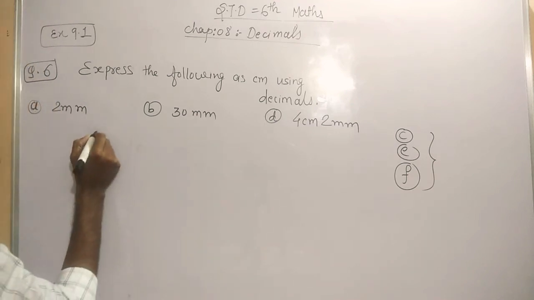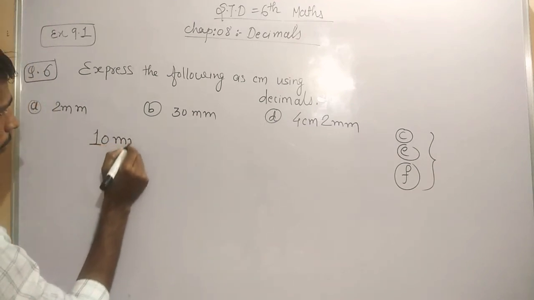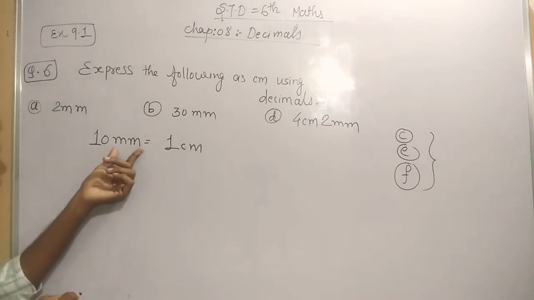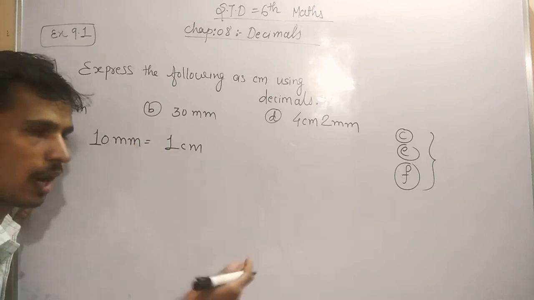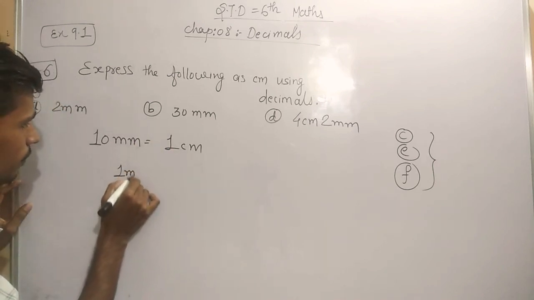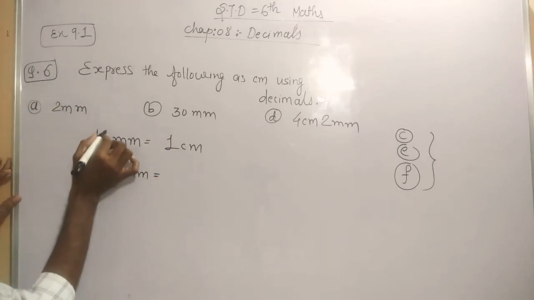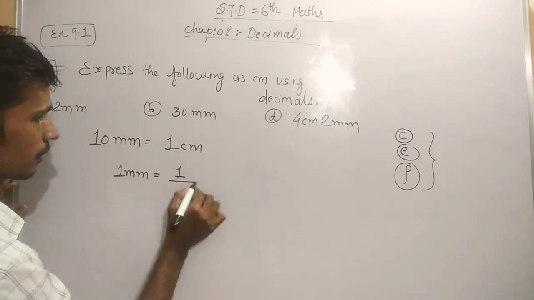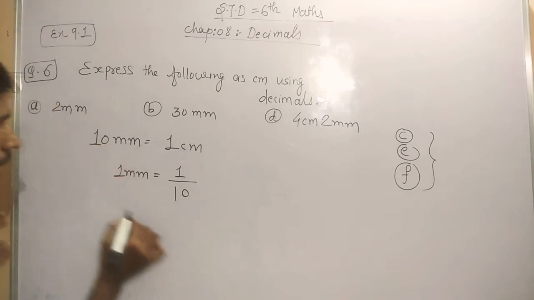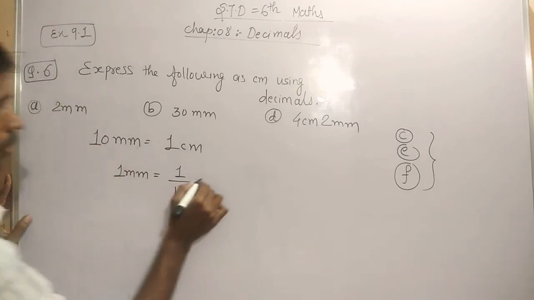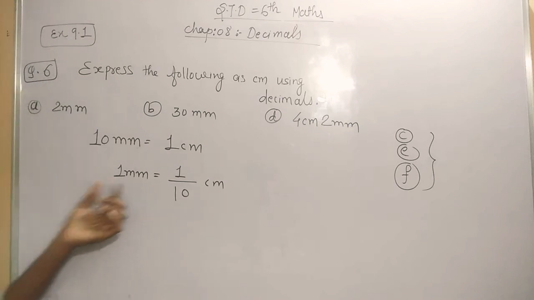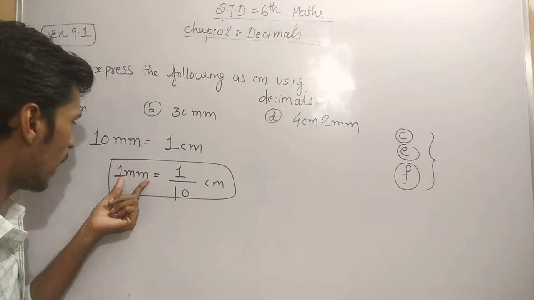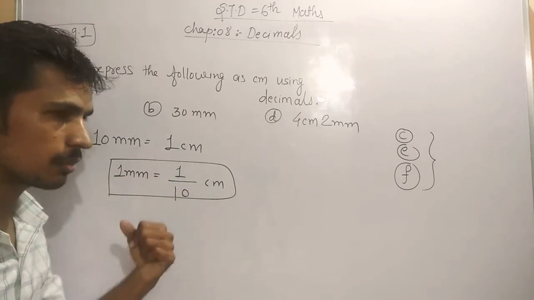Let us see. Student, 10 mm equal to 1 centimeter. Now, if I have to find 1 mm, then this value 10 goes to the divide of 1 centimeter. So from this formula we can know that 1 mm equal to 1 upon 10 centimeter.